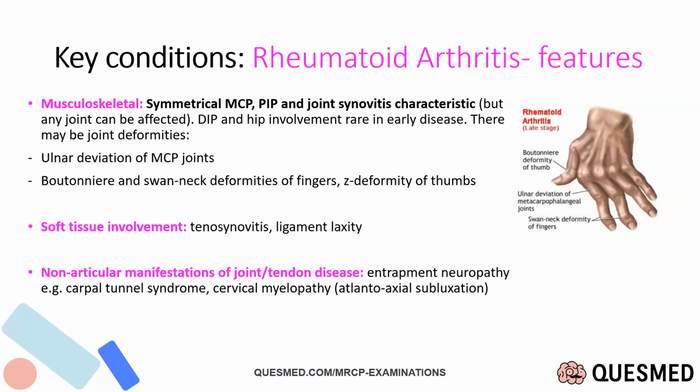And you're looking for those typical features of ulnar deviation of the MCP joints, the boutonniere and swan neck deformities, as shown in the picture you can see there on the right. You also can get tenosynovitis, and as I was talking about, you can get the non-articular manifestations. So neuropathies, a lot of them get carpal tunnel.